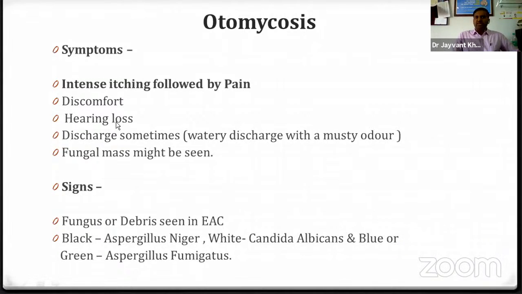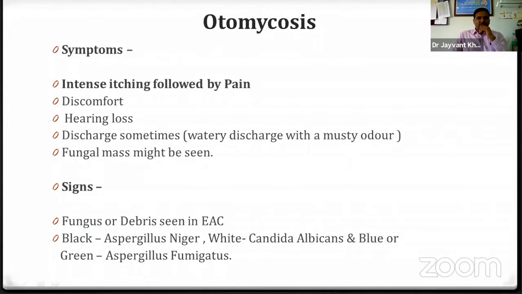Discomfort, hearing loss, and sometimes watery discharge with musty odor; a fungal mass might be seen. In otomycosis you can see on otoscopy fungus or debris in the EAC.